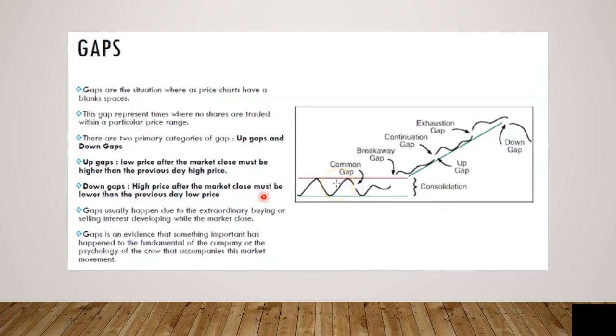In gaps we have two primary categories: gaps up, or up gaps, and down gaps, or gaps down. In this illustration, you can see that we have common gap, breakaway gap, continuation gap, exhaustion gap, down gap, and up gap. This illustrates the gaps that appear in a chart.